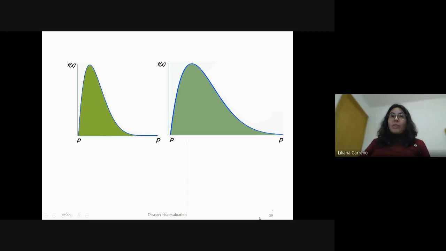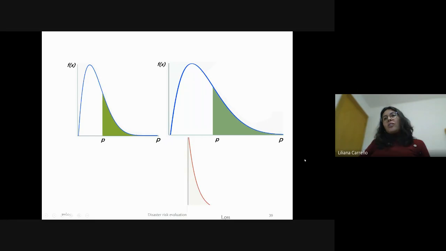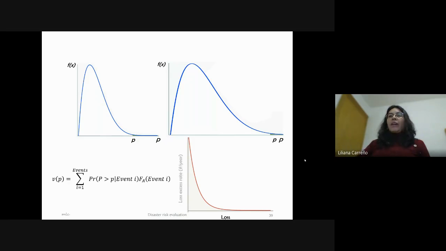And this can be done with the integral of all these probability density functions for each scenario, and construct like this the loss exceedance curve. I have the loss here and the loss exceedance rate, the annual exceedance rate.